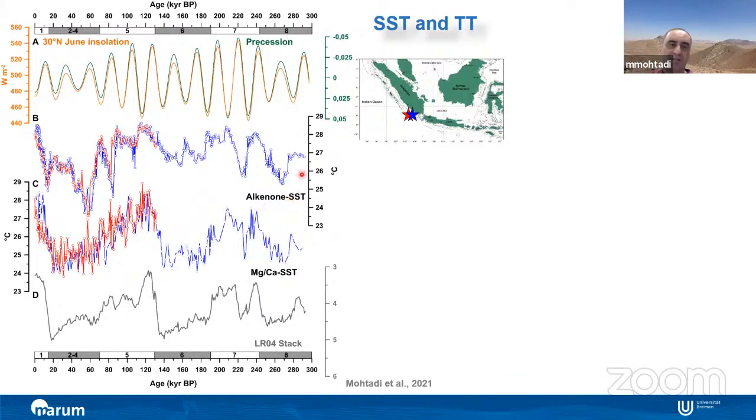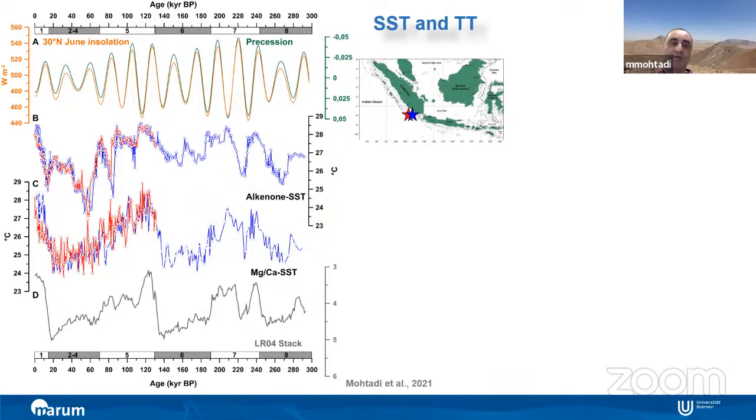This is the alkenone-based SST reconstruction of that core, and the magnesium-calcium-based SST reconstruction of the same core. And the red one, again the same two parameters, goes back to stage 6, say 140,000 years ago. They do match nicely also in terms of the absolute value. They are all plotted on the same axis, so that makes us confident in what we have measured.